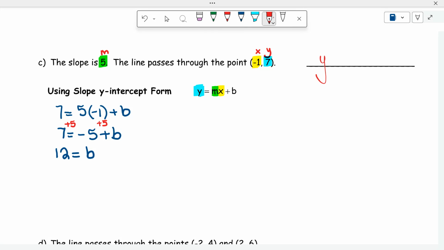So y equals 5x plus 12. So when you're finished, you should have an equation in front of you that technically, could we now put that on the graphing calculator and graph it if we wanted to? It's in terms of x, it's in terms of y. Both of them need to be there.